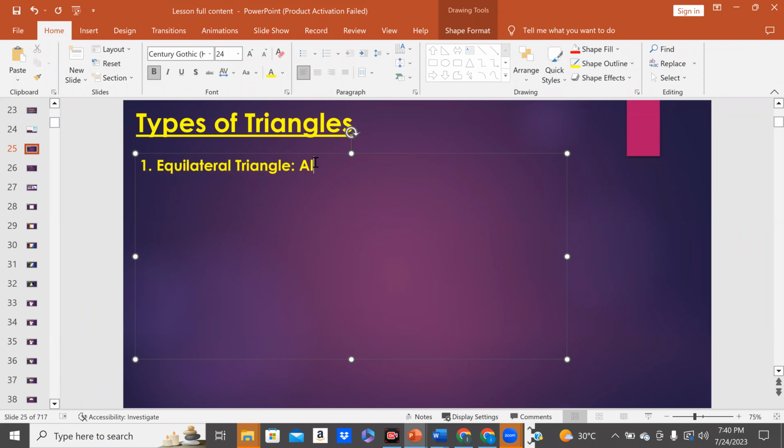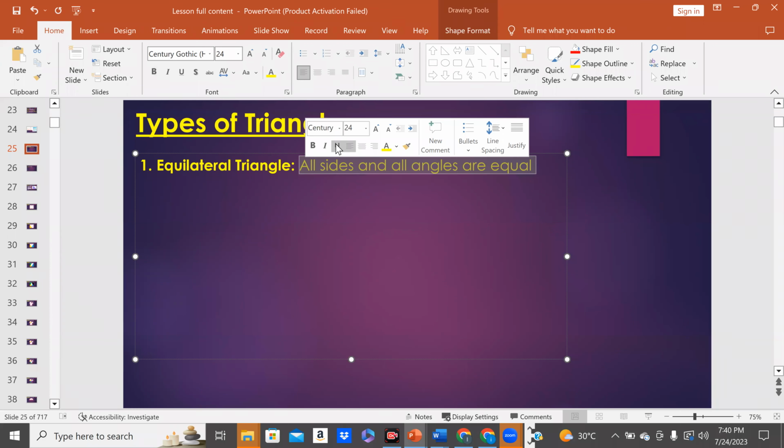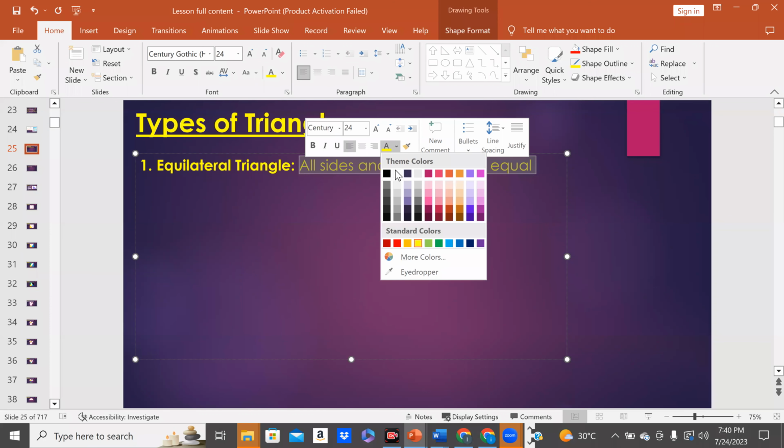So for this one, all sides and all angles are equal. That's what we mean by equilateral triangle.